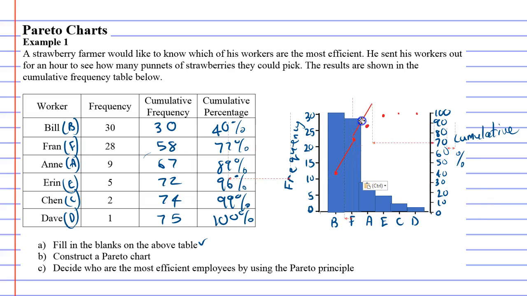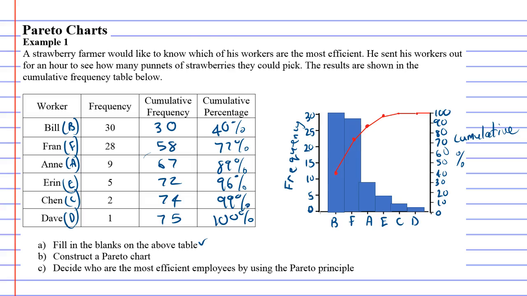There's one line, next line, third line, nice and straight from point to point. We like to finish it connecting it to the 100%. Now that's our Pareto chart done. It's been drawn up.